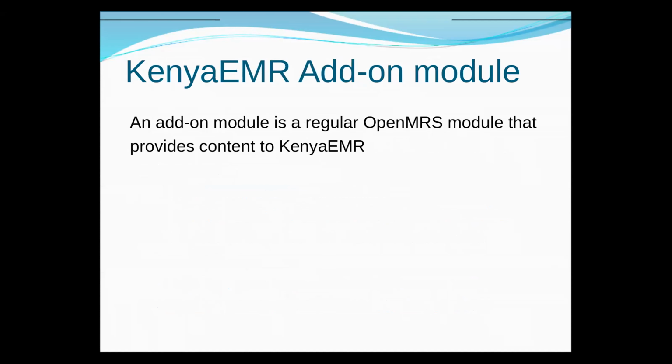And now I think we are in the add-on module for Kenya EMR. You may need to note the switch from OpenMRS to Kenya EMR. Yes, we have OpenMRS, which is the platform, and then we have Kenya EMR, which is a distribution.